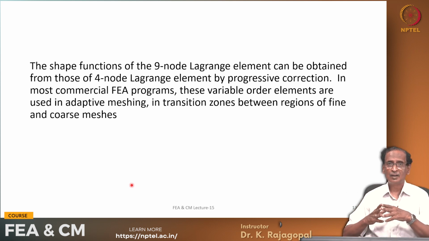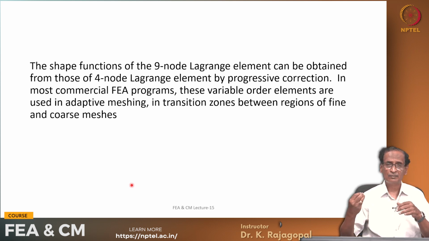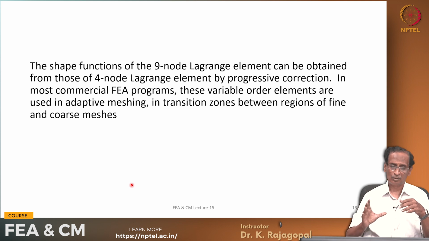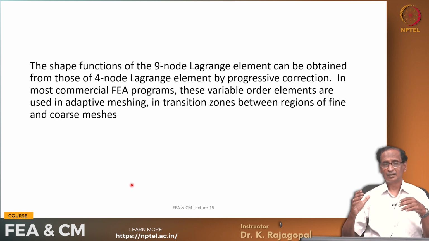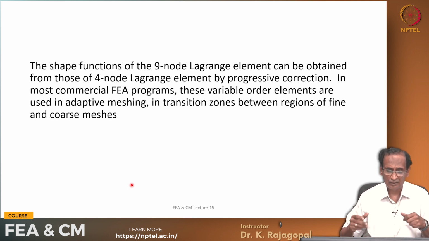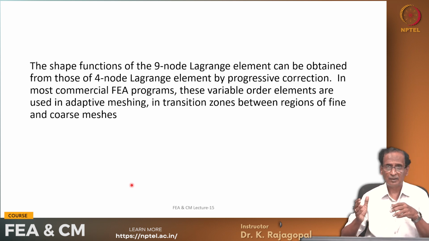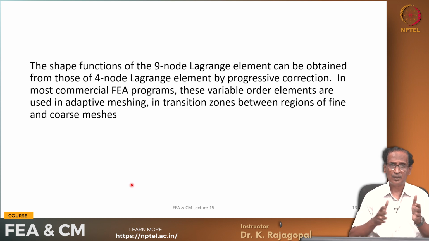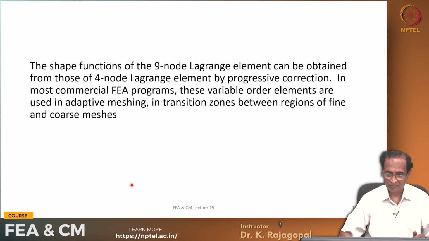Some programs give you an option for adaptive meshing, so that you get a closer mesh where you have very high strain variation or some point of interest, and we can use this variable number of node elements for transition from one type of element to the other type of element.